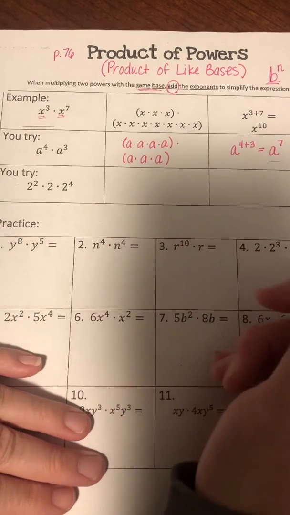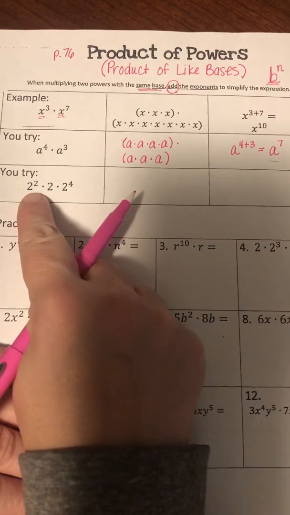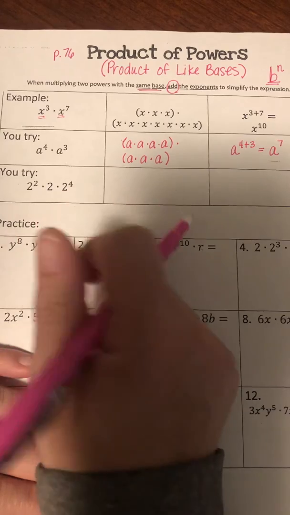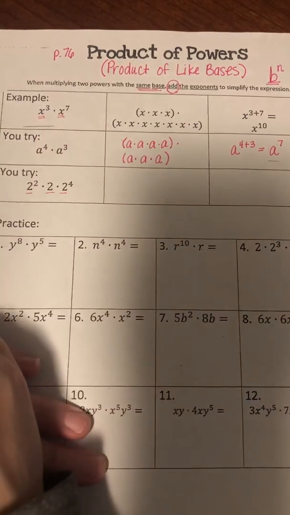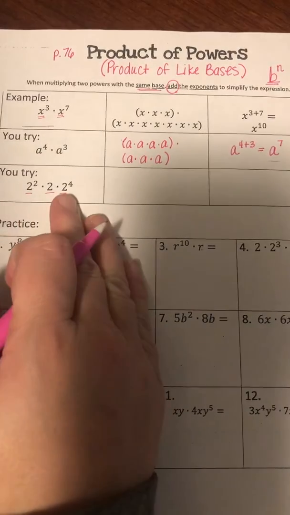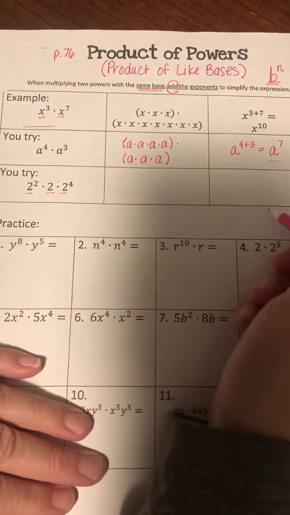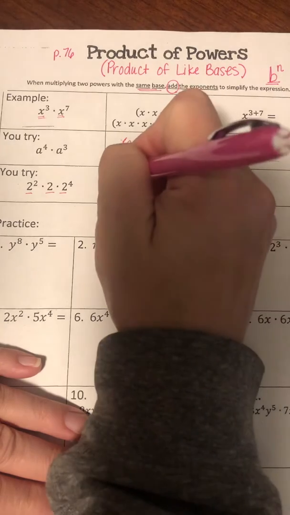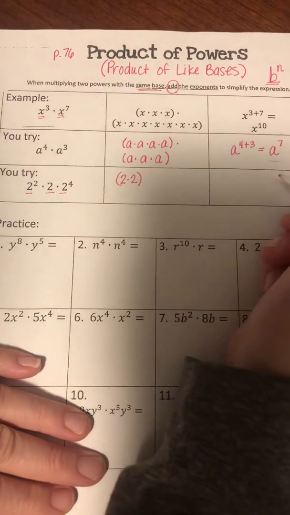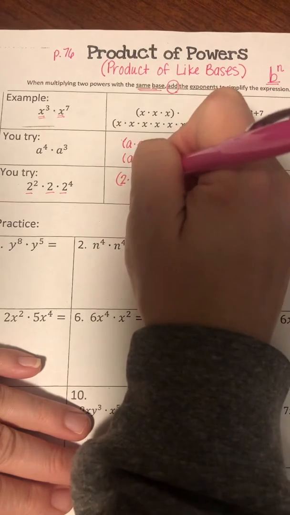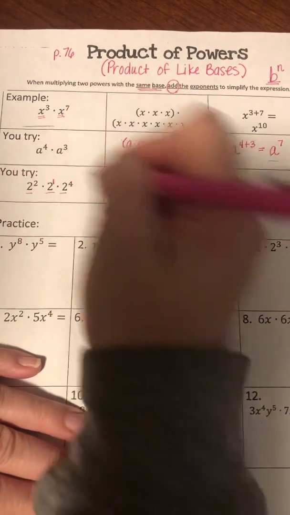The last example here has still the same bases. So we're still working with our product of powers, or our like bases. In this case, the base is 2. It's not a variable. It still works the same way though. So I have 2 to the 2nd power, which is 2 times 2. I have times 2, which remember is just 2 to the 1st power.